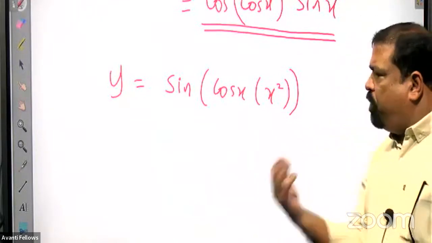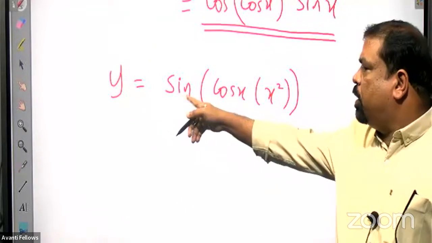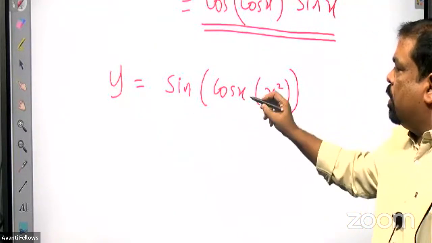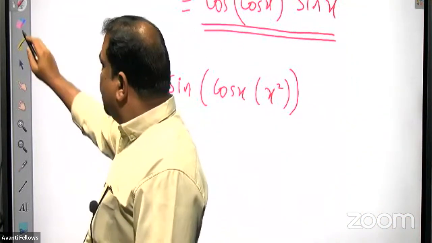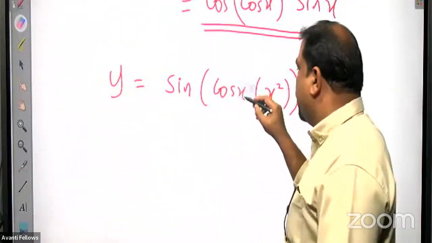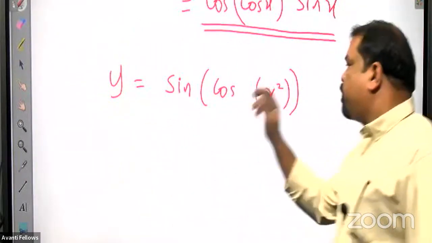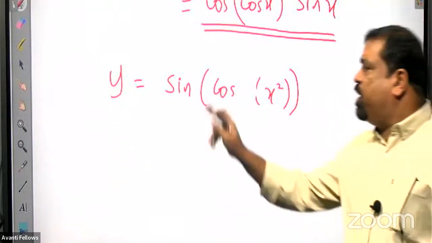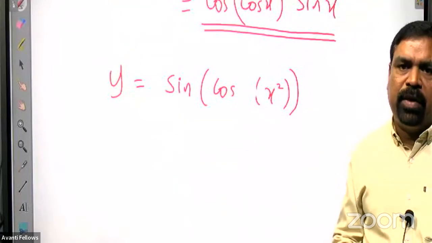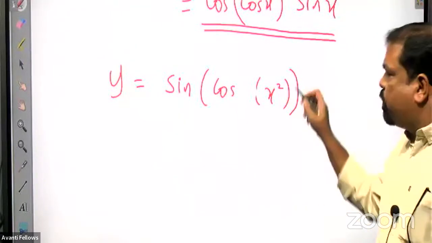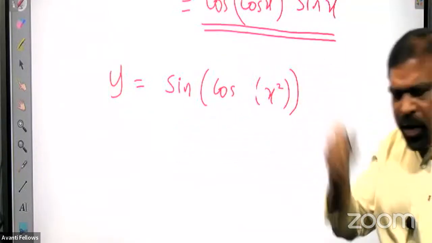You identify the 3 functions first. First one is sine, then cos, and the third one is x square. Inside the bracket you can see x square, just outside is cos, then outside that is sine.